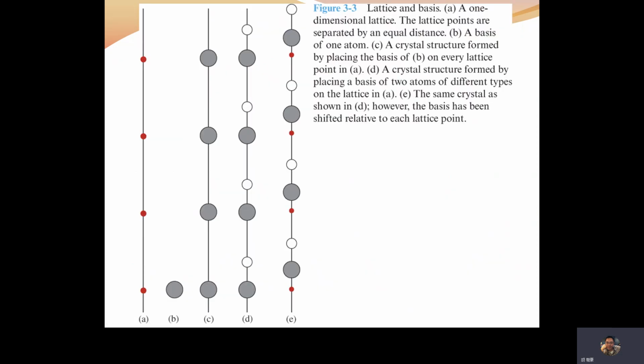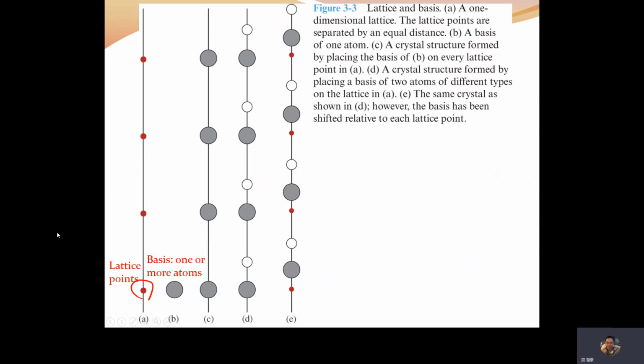For example, here it's a one-dimensional structure. For A, it's a one-dimensional lattice with lattice points right here. For B, it's the basis. It could be one atom or more atoms.